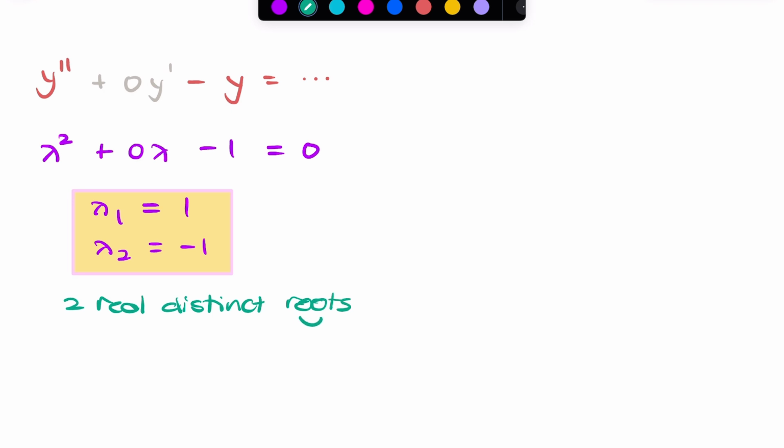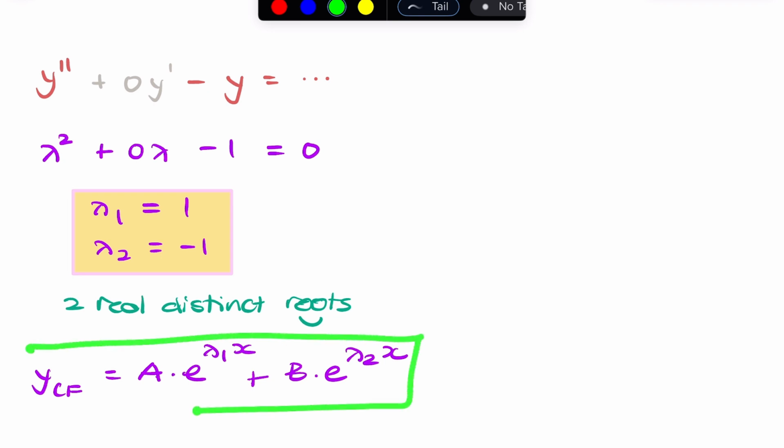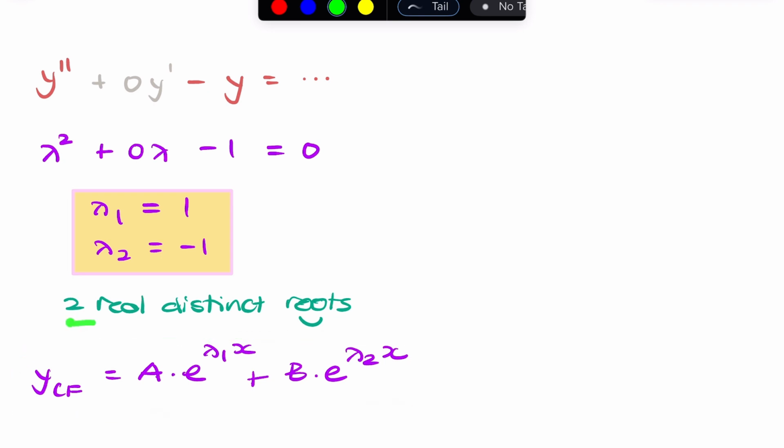So I can write YCF as A times e to the lambda 1 x plus B times e to the lambda 2 x. Now this is a standard form for when you have two real and distinct roots.